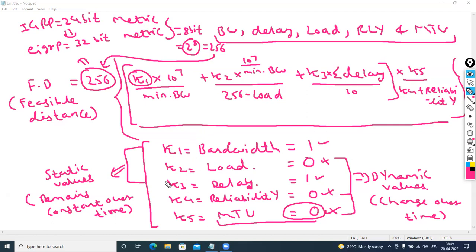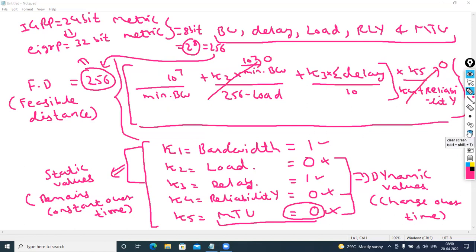Now, when you substitute these values, K1 will be 1, and K2, K4, K5 will be 0.